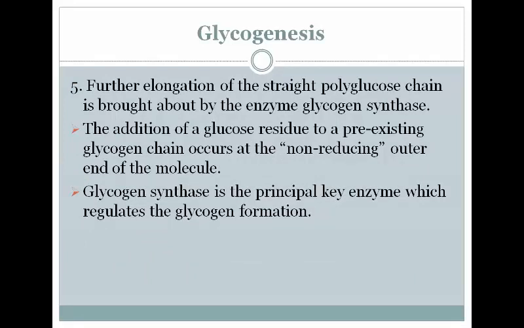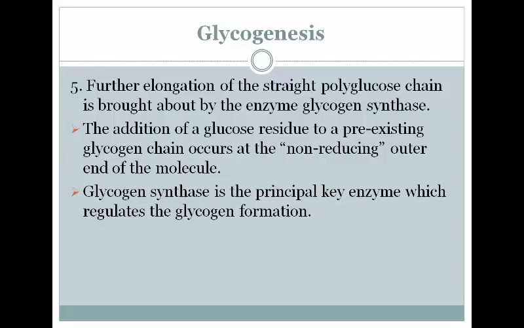Now further elongation of a straight polyglucose chain requires the enzyme glycogen synthase, because after the addition of 8 molecules of glucose, the enzymatic activity of glycogenin is stopped, and now further addition of glucose moieties to the previously attached glucose moieties requires the enzyme glycogen synthase.